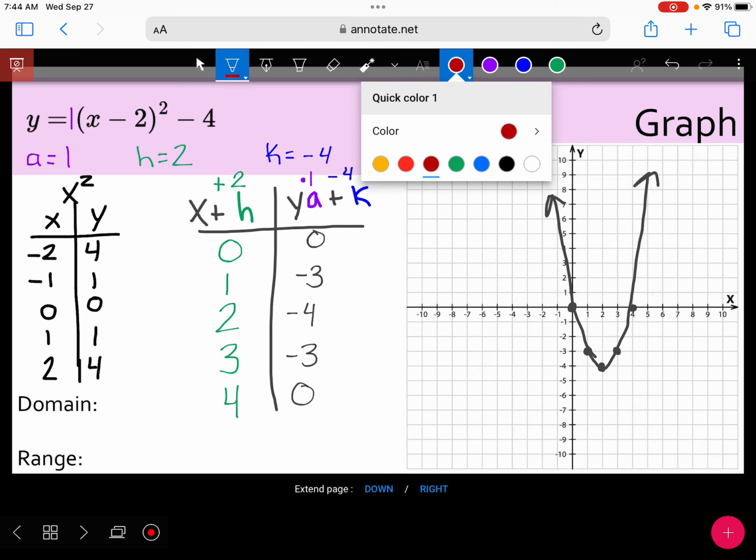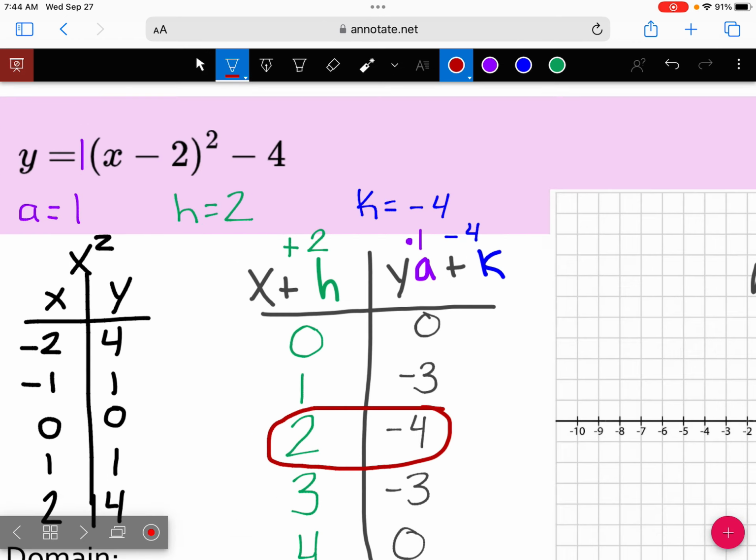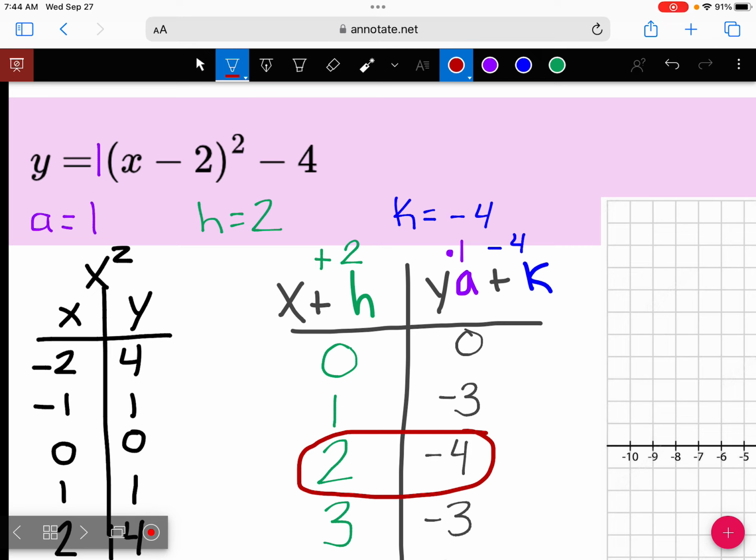There's some really cool things going on here and to why this is called vertex form, because we can see on our picture that our vertex is right here. We also have our vertex right here in the middle of our table. We also have our vertex right here. Our vertex is always going to be H, comma, K every single time.